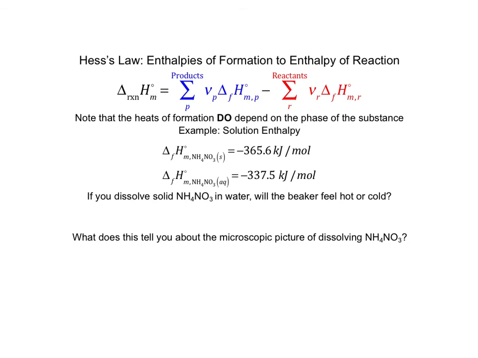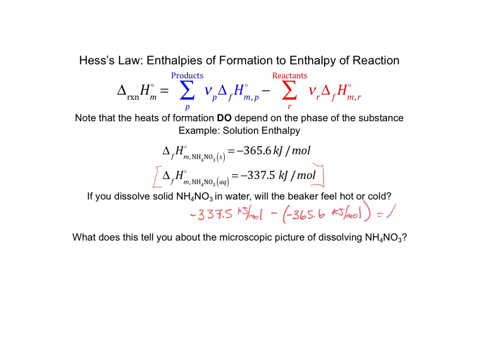Now, let's think about a different example. When we have ammonium nitrate in water, is the beaker going to feel hot or cold? So our product is dissolved, and so we have a negative 337.5 kilojoules per mole for our products, minus our reactants, which is a negative 365.6 kilojoules per mole.